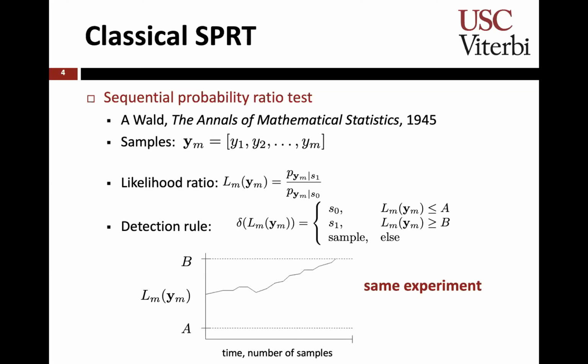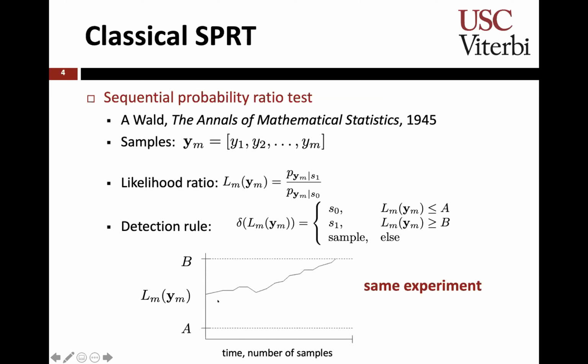In SPRTs, what you do is you collect observations until you're confident. This likelihood ratio function is accumulated over a series of observations, and you can see a physical depiction of this here. If the value of this is in between two thresholds, then you decide that you're not confident yet, and you take another observation.